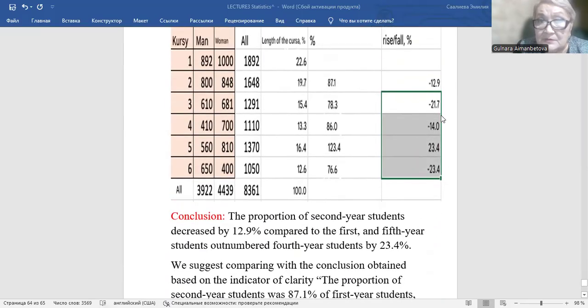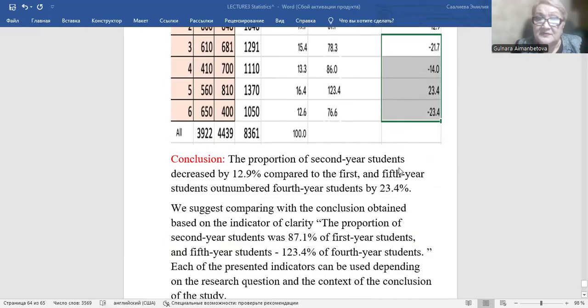See all this: minus 12.9, and the third course minus 21.7, fourth course minus 14, fifth course plus 23.4, and sixth course minus 23.4%.